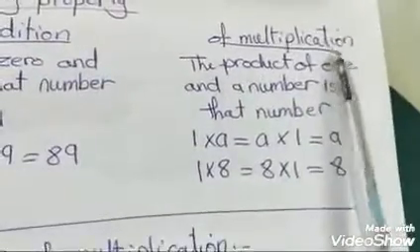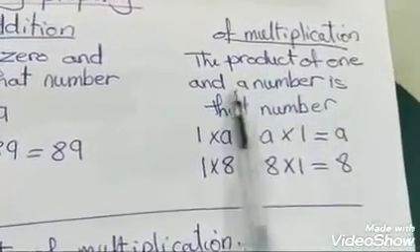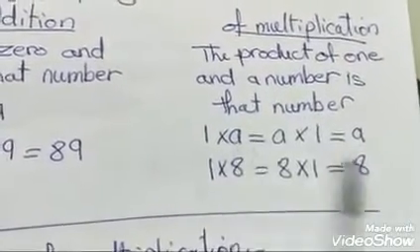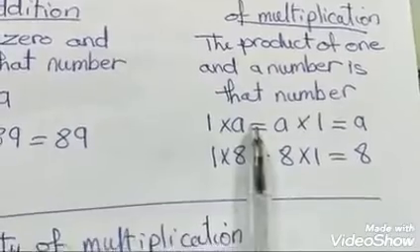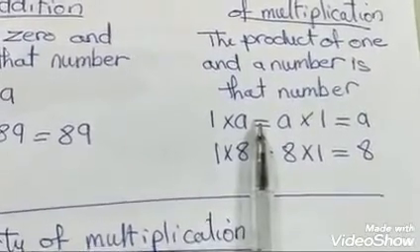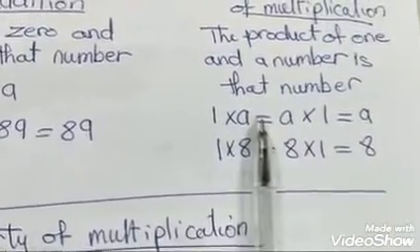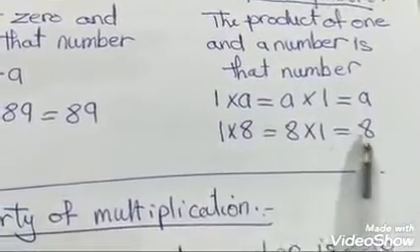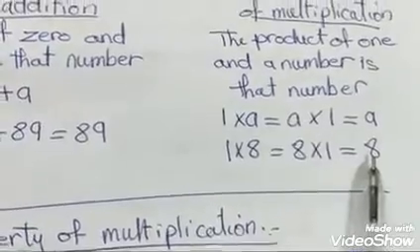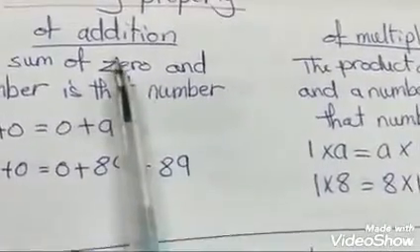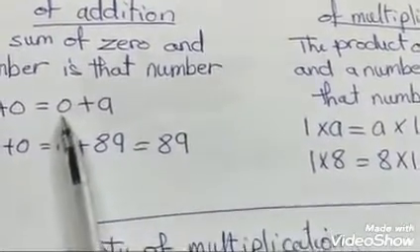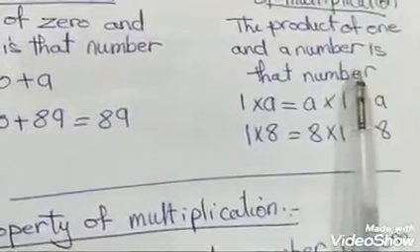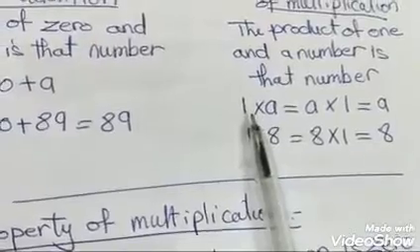Now, for multiplication, the product of 1 and a number is that same number. If I multiply any number by 1, if I leave it by itself, it will remain the same. If I multiply 1 by any number, the product will be the same number. So the identity property for addition is related with 0, and the identity property for multiplication is related with 1.